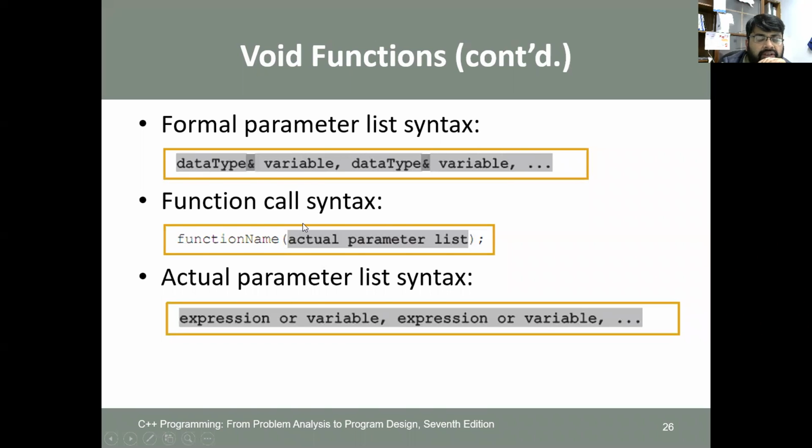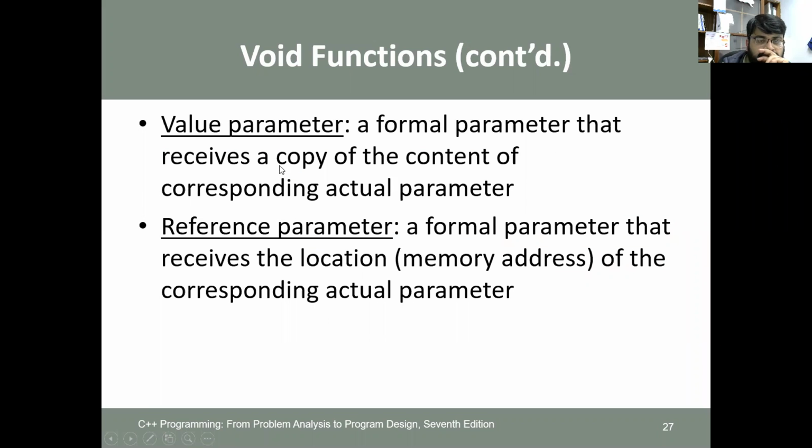Okay, so what is a value parameter? It is a formal parameter that receives a copy of the content of the corresponding actual parameter. Remember, a value parameter is a simple parameter that gets a copy of the content of the actual parameter, but not the actual parameter itself. It's just the copy.